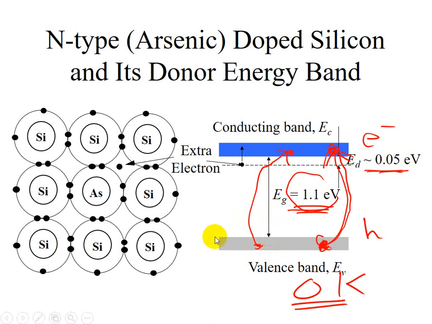The higher the temperature, the more electrons jump to the conducting band. In the case of a semiconductor, it's still a very small number of electrons jumping from valence band to conducting band.